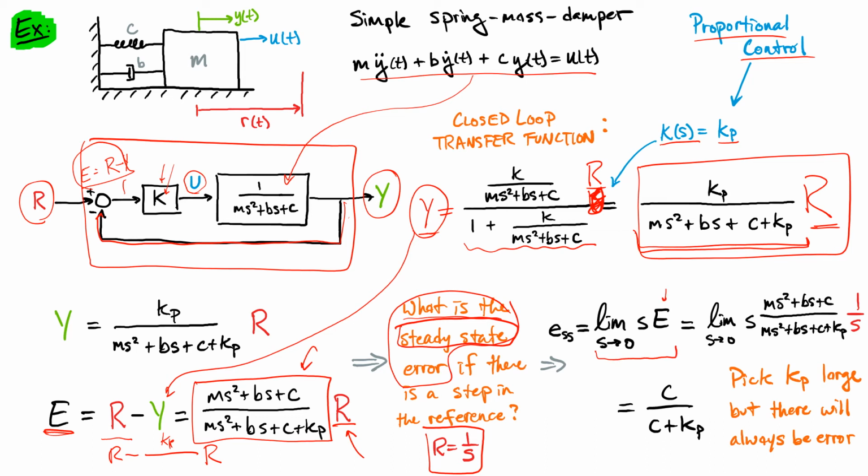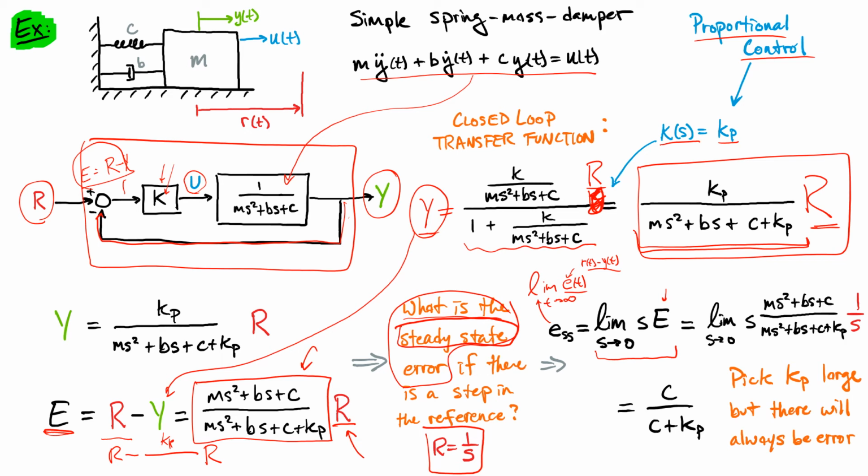And that's going to give us little e at steady state. So that's going to be little e, this right here, is equal to the limit of e of t. So that's the error signal of t as t goes off to infinity. And remember, little e is just r of t minus y of t. And these are the time domain signals.